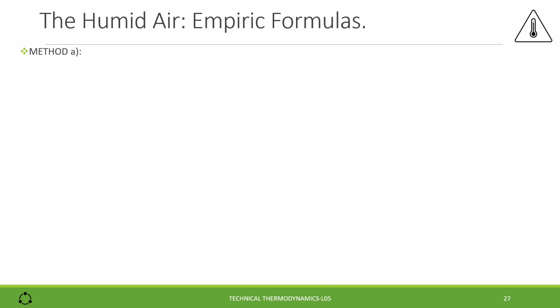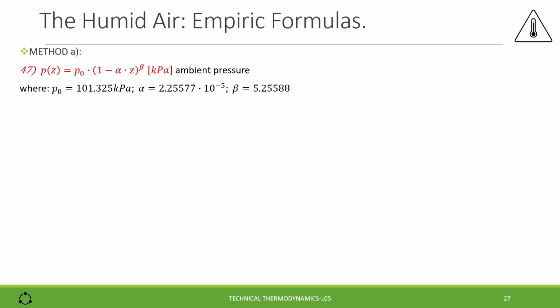Method A uses empiric formulas. We introduce the formula 47 that displays the ambient pressure as a function of the altitude Z, where P0 is the standard pressure, alpha and beta are constants, here displayed. For the altitude 1000 meters, the pressure is calculated, 89.87 kilopascal.